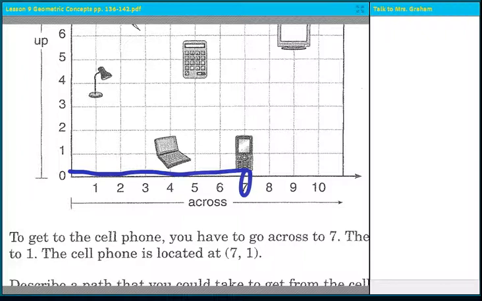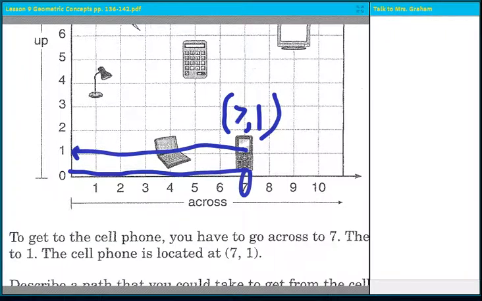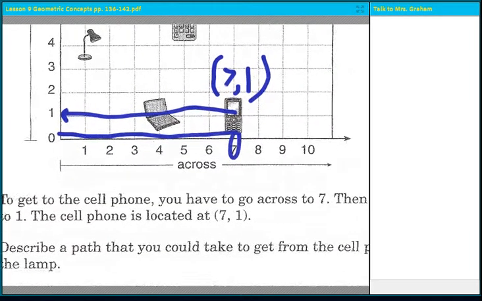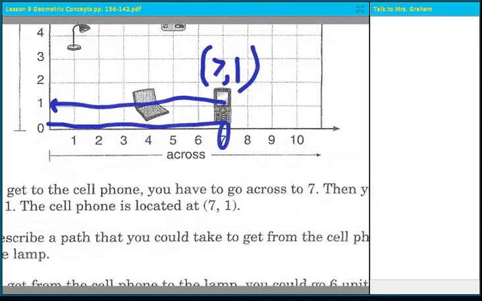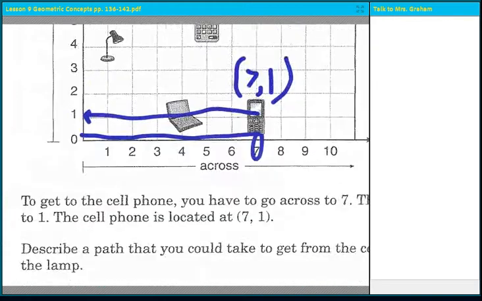So it is on 7. And then we can see that it is also on 1. And this is the answer. This is where the cell phone is. It is at 7, 1.